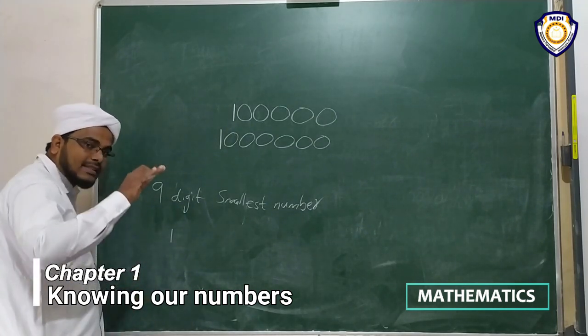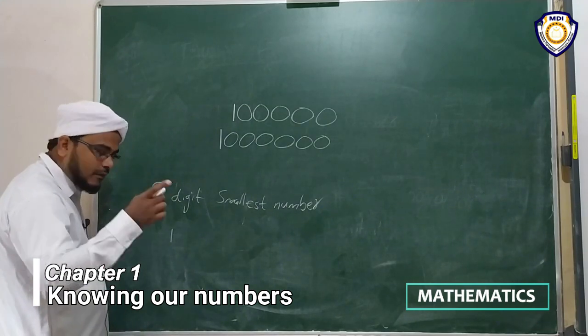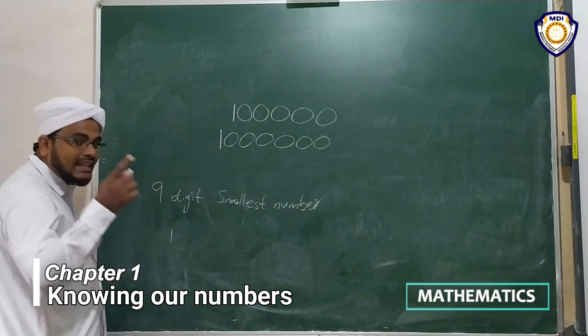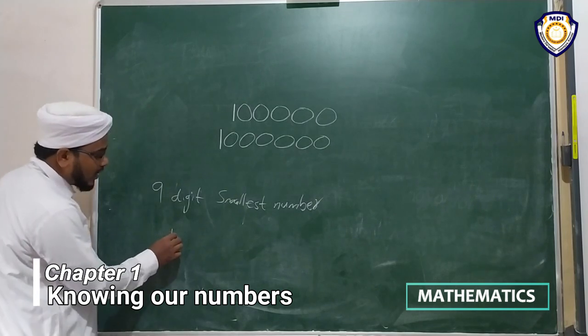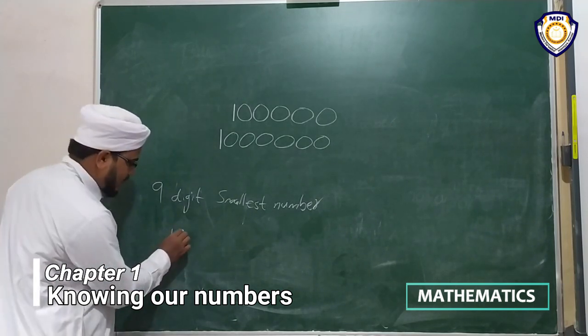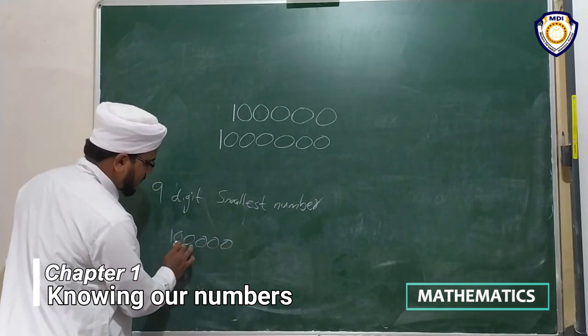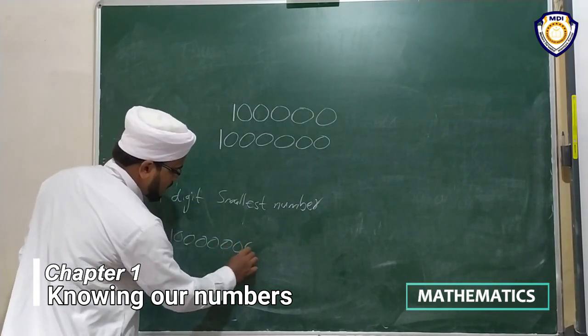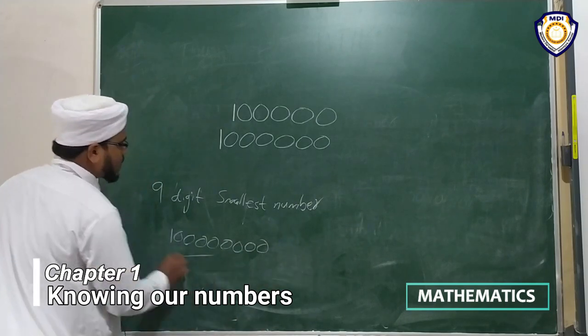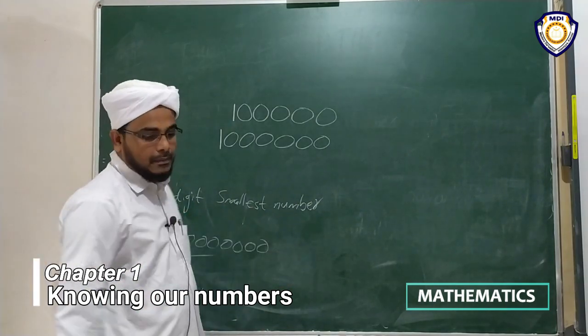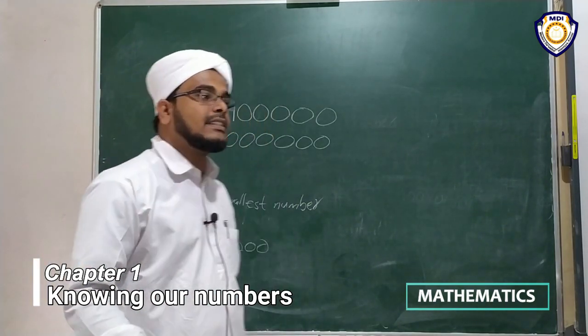Then you subtract 1 from this 9, and you get 8. So you have to write 1 and eight zeros. This is the smallest 9-digit number.